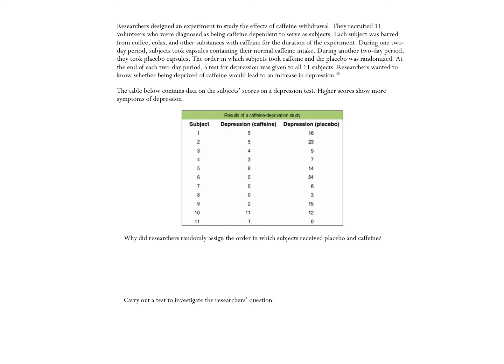Okay. Now, I've got a great example about why we randomly assign the order. How was your day yesterday? Wonderful, wasn't it? It was a beautiful day, right? How's your day today? It was okay. I have a headache. If I gave the placebo yesterday and the caffeine today, could that influence your moods?